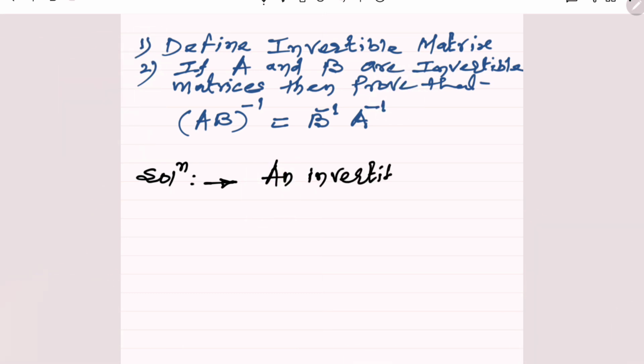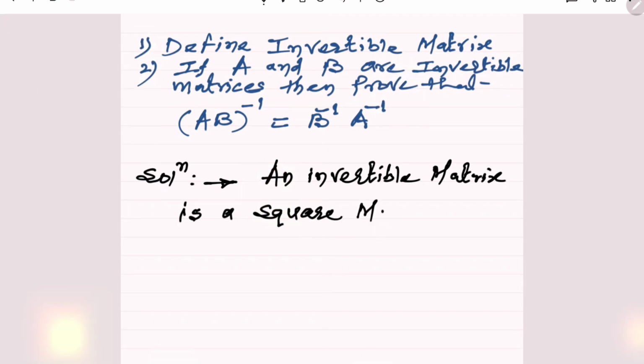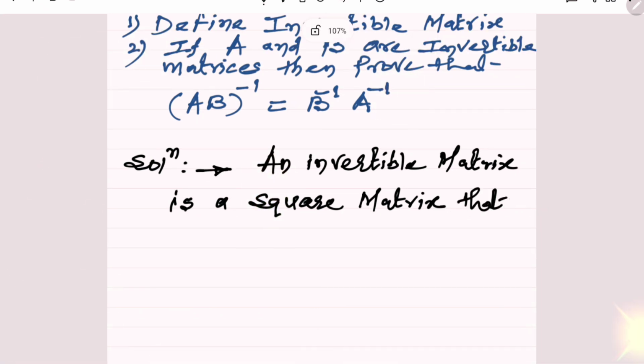first of all, we define that invertible matrix. An invertible matrix is a square matrix of order n by n that has an inverse.